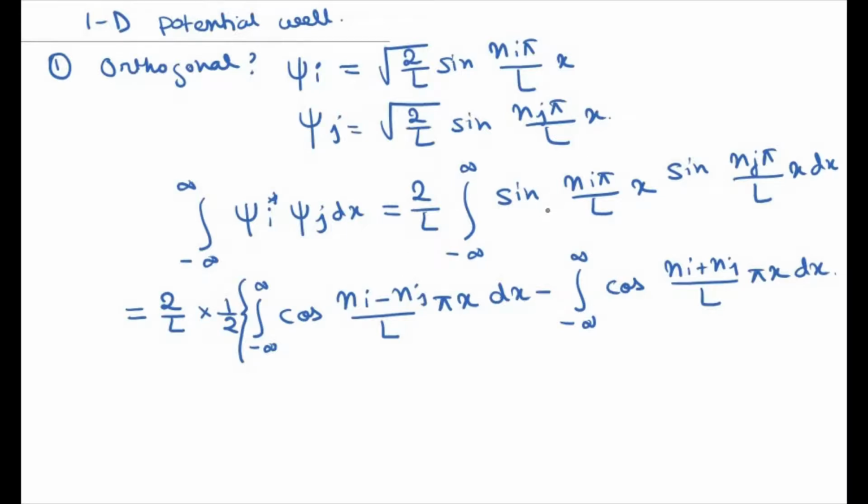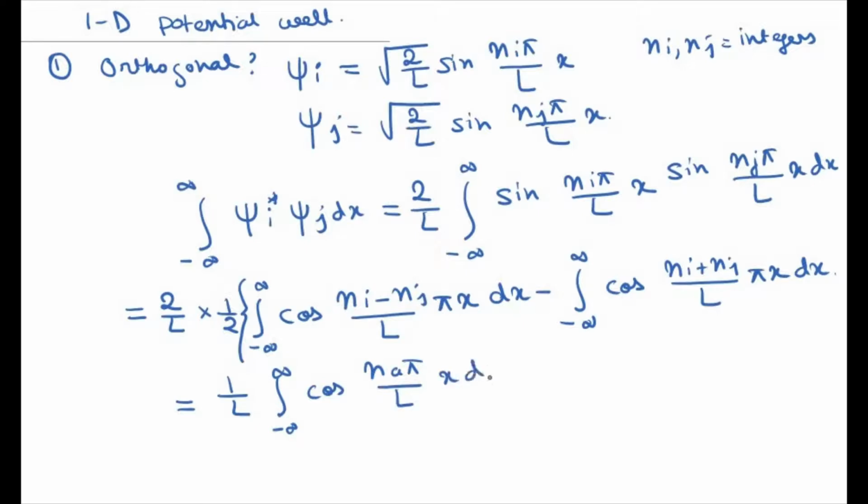Now note that ni and nj are integers, so their addition and subtraction is also an integer. So we basically have 1 by L times the integral from minus infinity to plus infinity of cos of na pi by L x dx, minus the integral from minus infinity to plus infinity of cos of nb pi by L x dx.